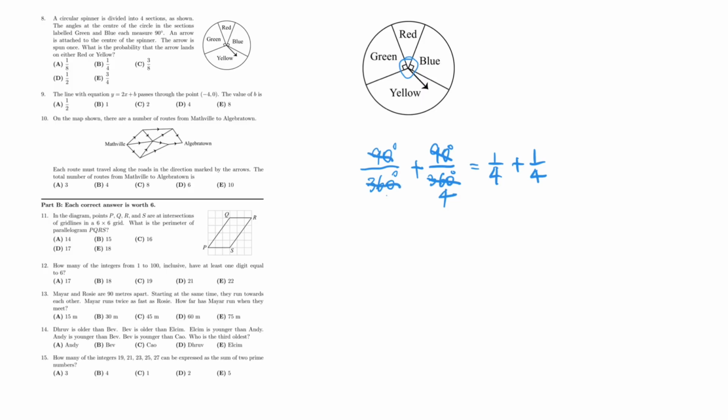Cancel 90, that's 4. So that's 1/2. The probability the arrow lands on red or yellow is 1 minus the blue and the green, so that's 1/2. Therefore, the answer of number 8 is D.